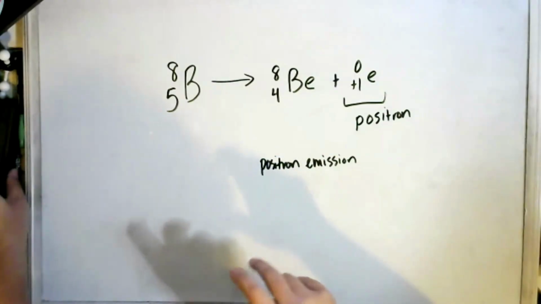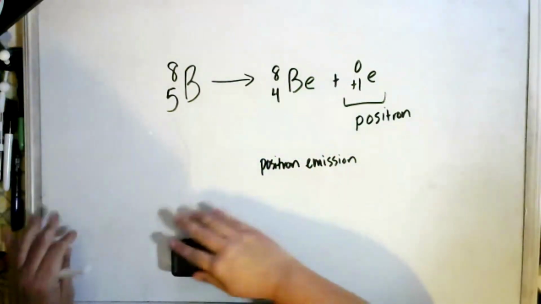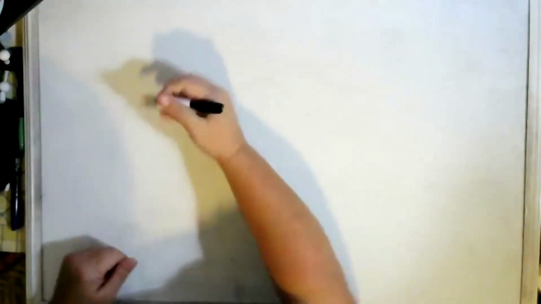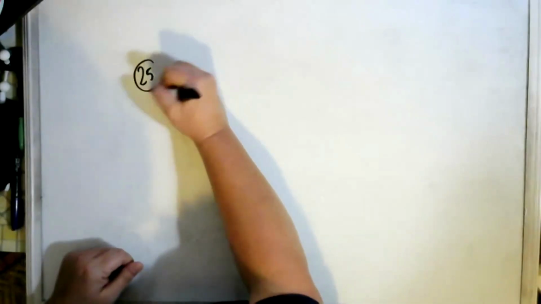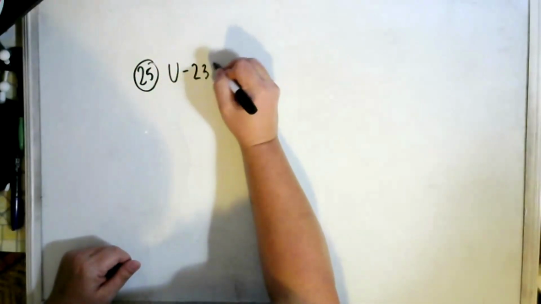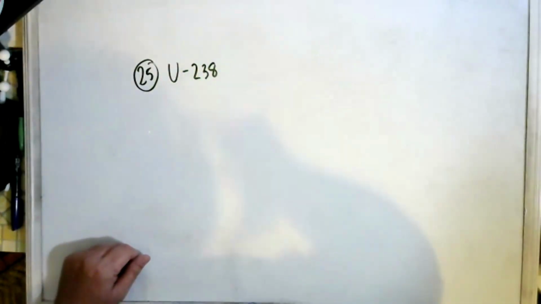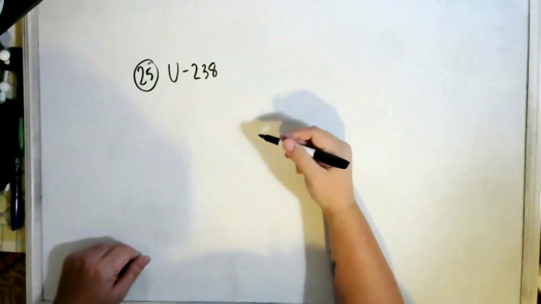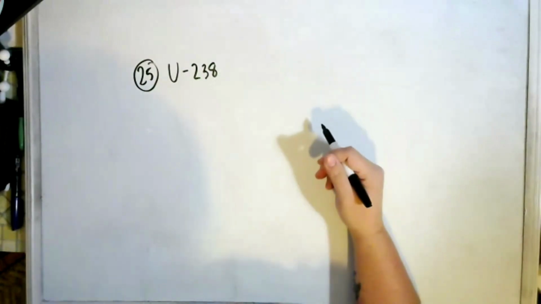Okay, the next question does ask us to find the product of a decay. So we're gonna sketch this out. It tells us that uranium-238 is gonna decay by an emission of an alpha particle. And then it asks us what the product is.